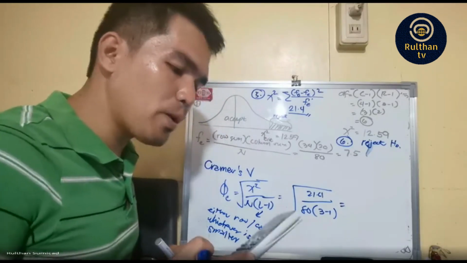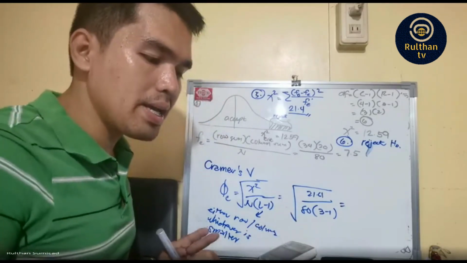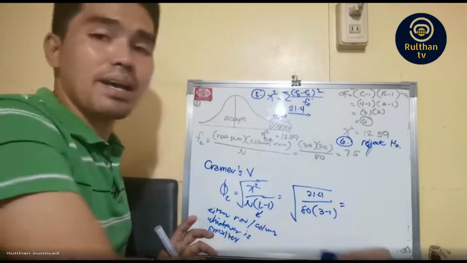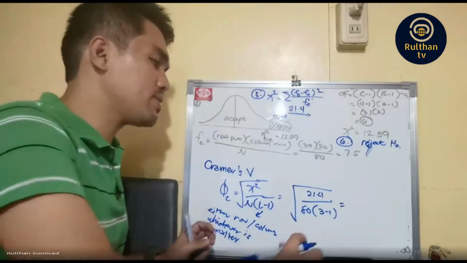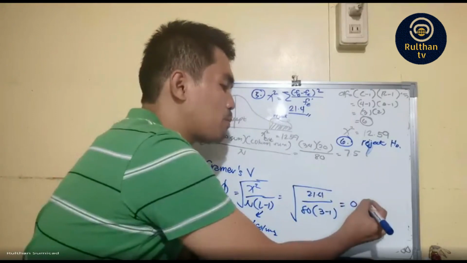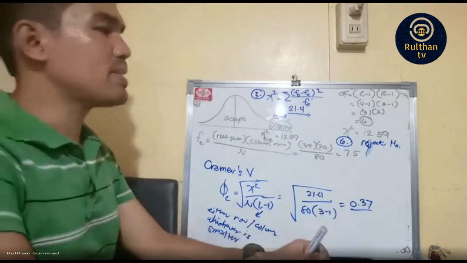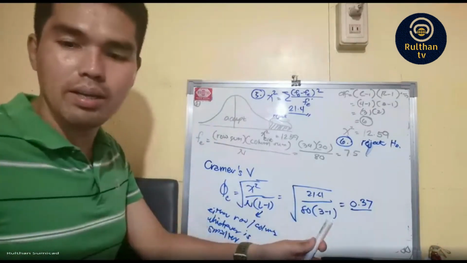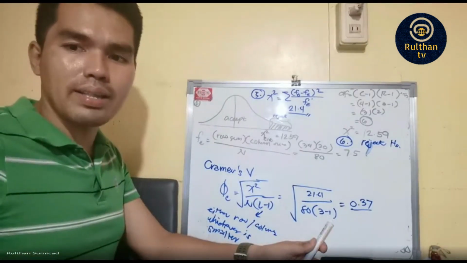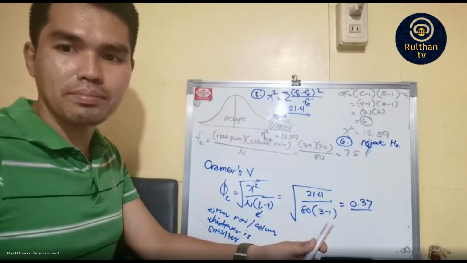We have 0.37 in 3 decimal places. In 2 decimal places, that's 0.37. 0.37 is our degree of association. That's the strength of the association.